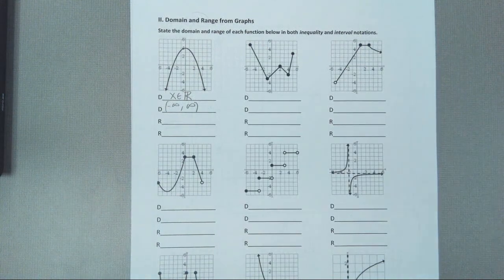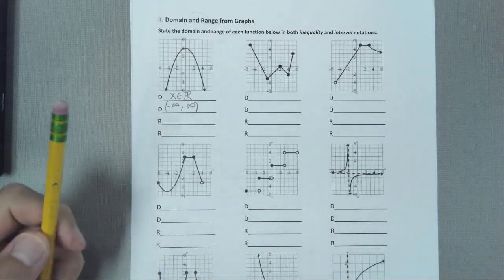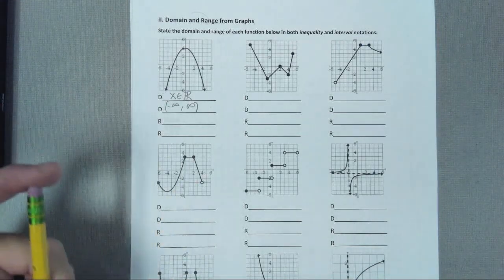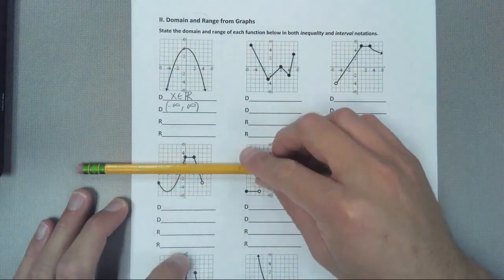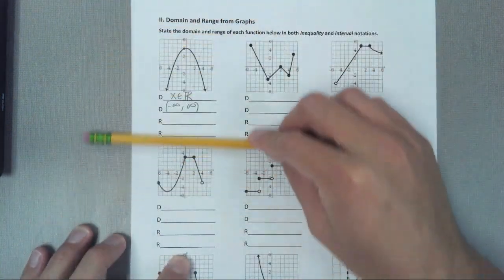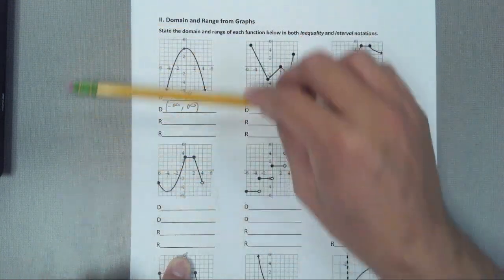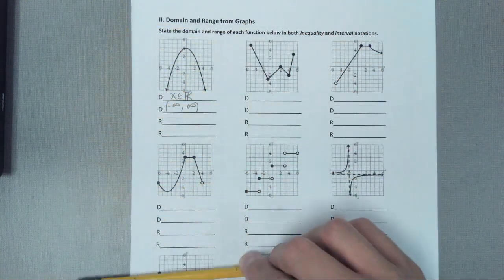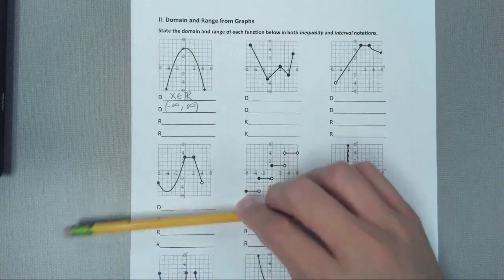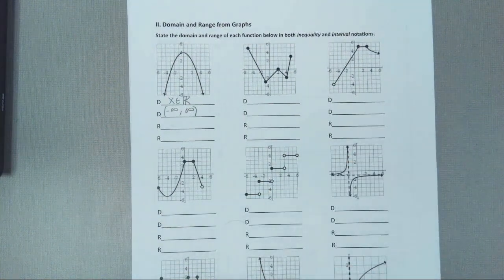Again, the arrows are what gives that away. So, range. Let's talk about the range. What we can do with the range is look at where it touches my pencil, sort of. It's going down forever, so there's no start point for the minimum value.